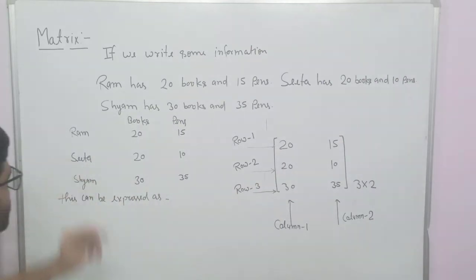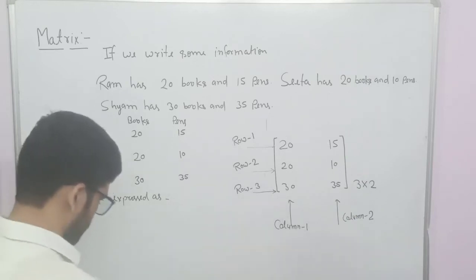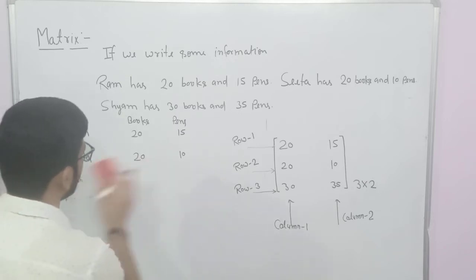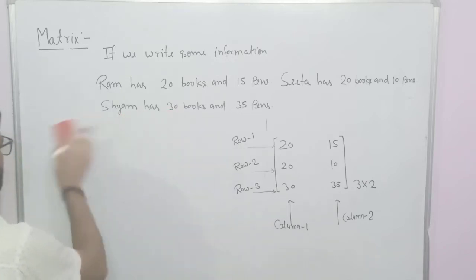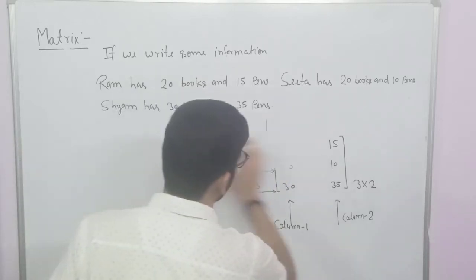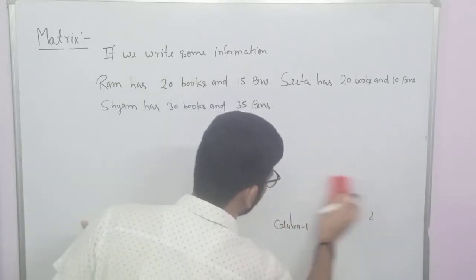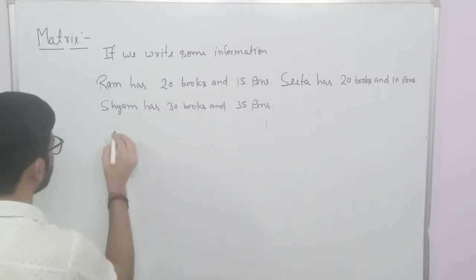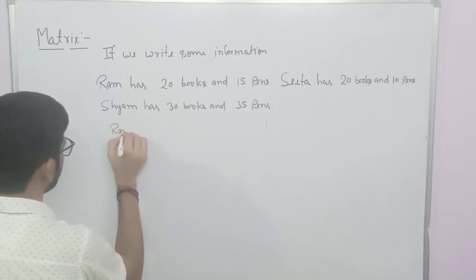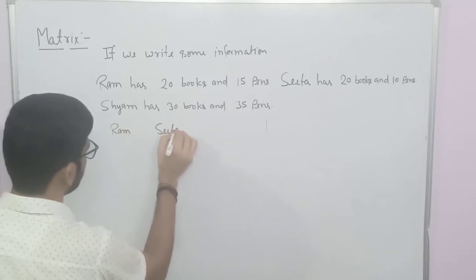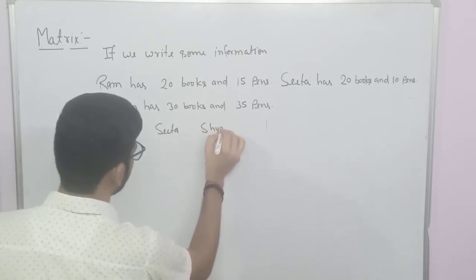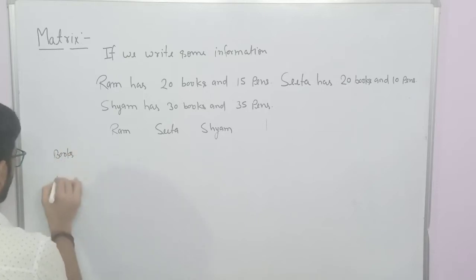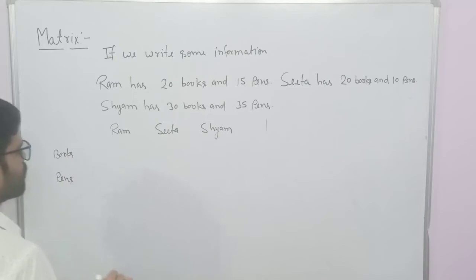Also we can write the above information in a second way. The first way we wrote like that, and now we write the second way. Write Ram, Sita and Syam, and here books and pens.